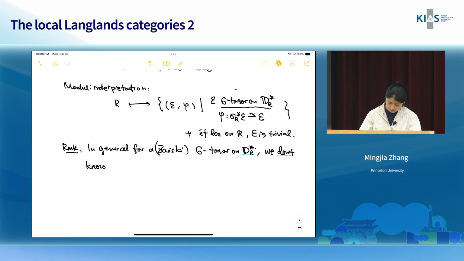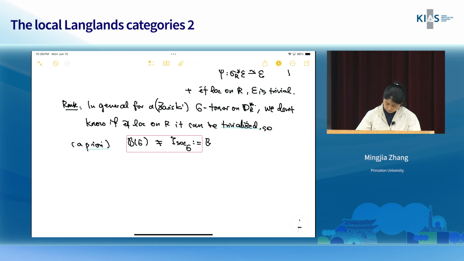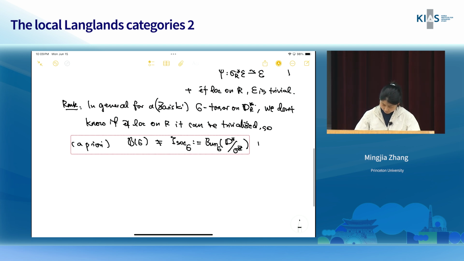But in the étale topology, we don't know they're the same, at least a priori. I will reserve this notation Isoc for the actual moduli stack of G-isocrystals, which is, for any R, the G-torsors on punctured D of R, modulo the Frobenius action.